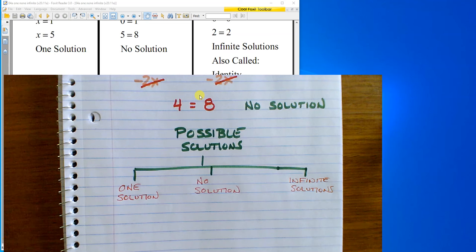And we've done this lesson before. We're just doing it again, and I'm going to add a little bit to it. A no solution is when the x's cancel out, but the constants don't.